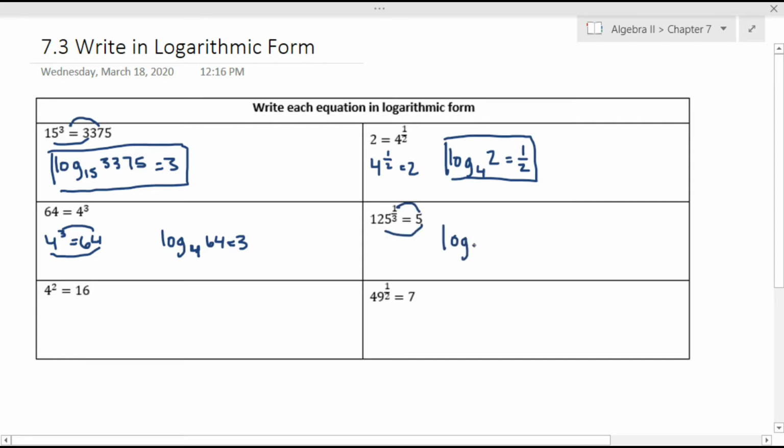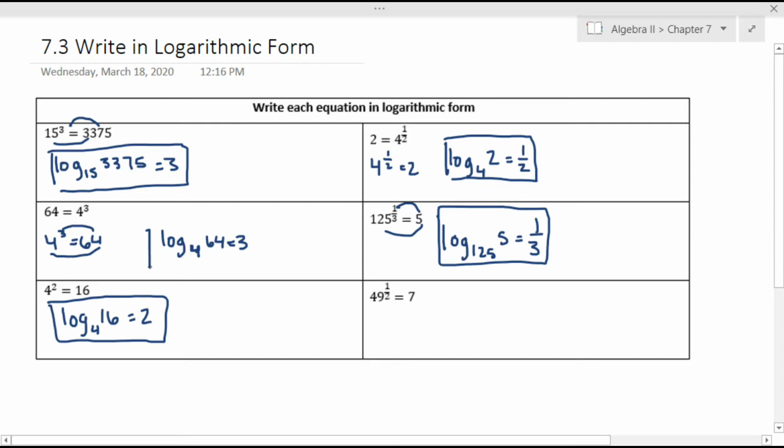Log base 125 of 5 is equal to 1/3. And log base 4 of 16 is equal to 2. And last but not least, log base 49 of 7 is equal to 1/2.